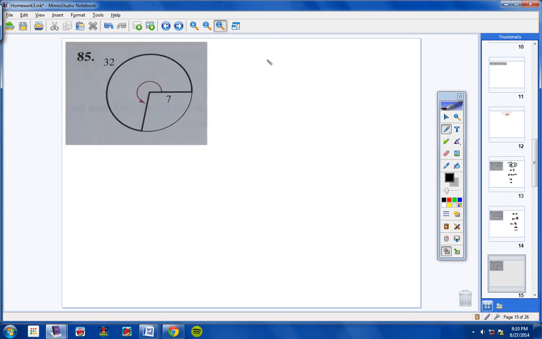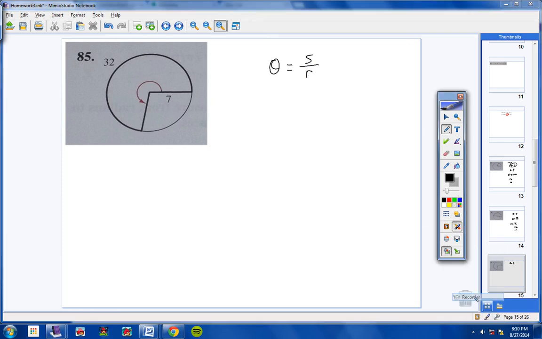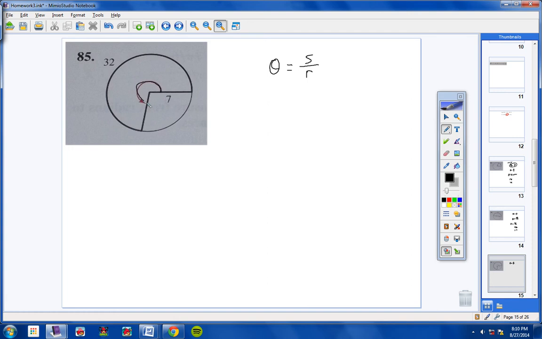Number 85, theta equals S over R. In order to find this central angle, we're going to use our arc, which is 32, over our radius, which is 7.